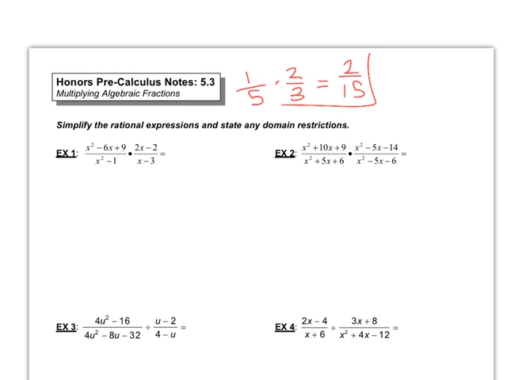In the cases where you've got something like 2/3 times 6 over 14, you have a couple of options.